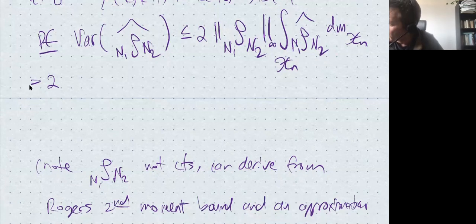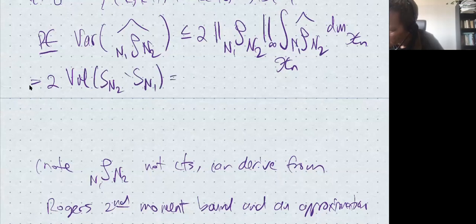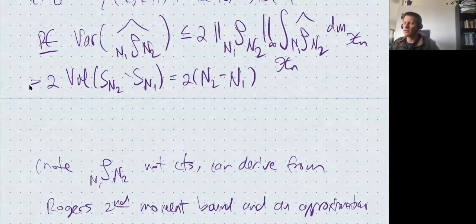So this is the volume of the annulus, the indicator of which is rho n1, n2. And we chose the volume of the nth body to be n, and so we get 2 times n2 minus n1. Let's call this formula 1.